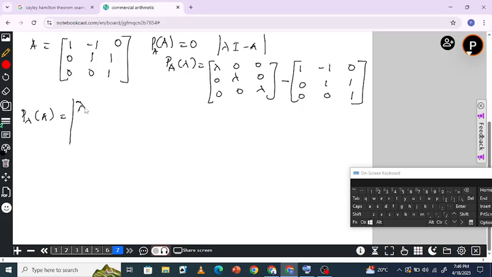We have lambda minus 1, 1, 0. We will have 0, lambda minus 1, negative 1, 0, 0, lambda minus 1. We are taking the determinants.